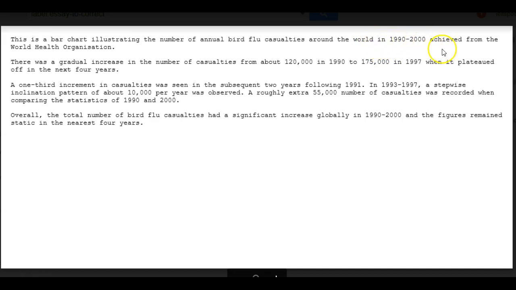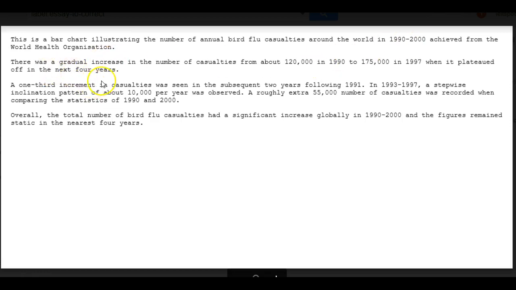And the other thing that I want to say about this sentence is this is not the right word here, achieved. It should be as recorded by the World Health Organization, something along these lines, or according to the World Health Organization, but not achieved from. Okay.